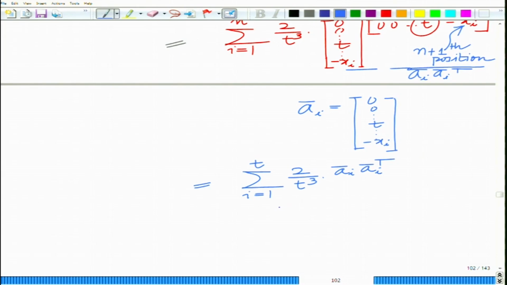Now, each of these is a positive semi-definite matrix. Remember, whenever a matrix can be decomposed as A A transpose, it is a positive semi-definite matrix, that is what we have seen. You are weighing it by a positive coefficient, because remember t is greater than 0, so 2 over t cube is greater than 0. So, a sum of positive semi-definite matrices weighted by positive coefficients is also positive semi-definite.